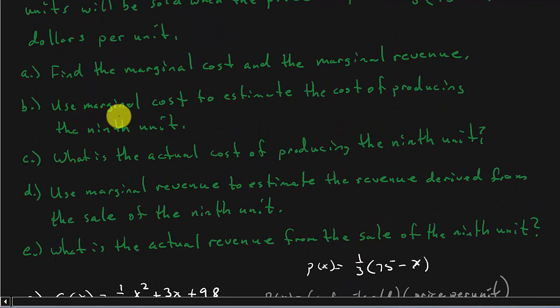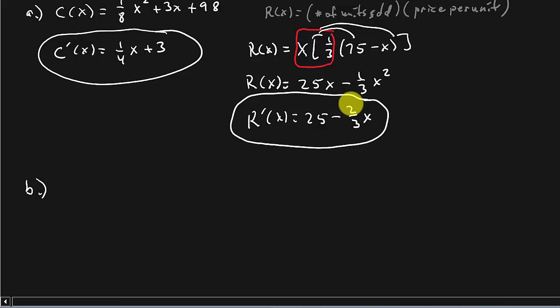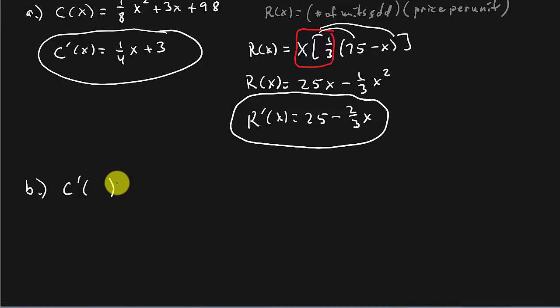All right. Now for part B. Part B says use marginal cost to estimate the cost of producing the 9th unit. So the marginal cost of producing the 9th unit is going to be C prime of, now, what are we going to plug in for X? We want to know the marginal cost for producing the 9th unit.